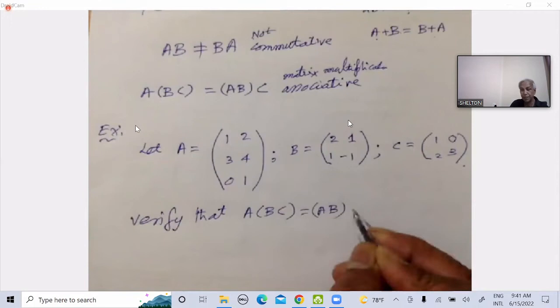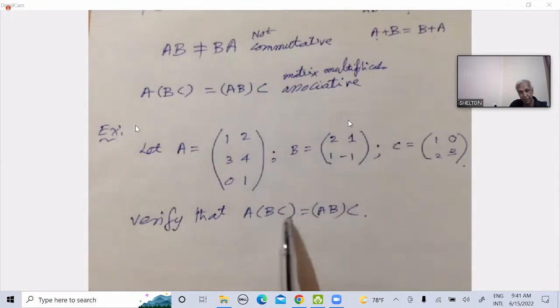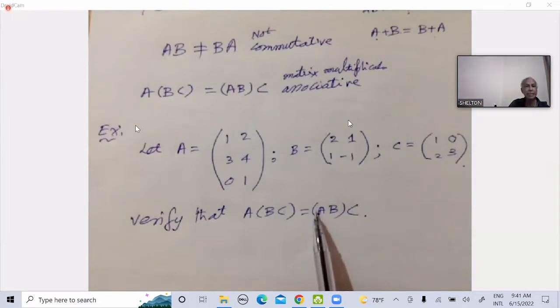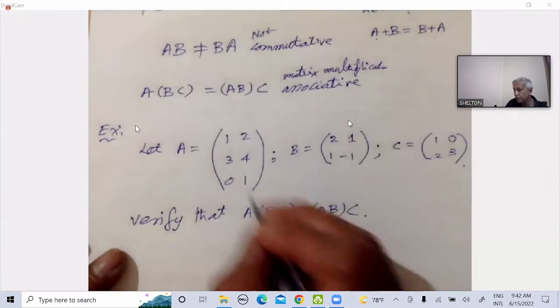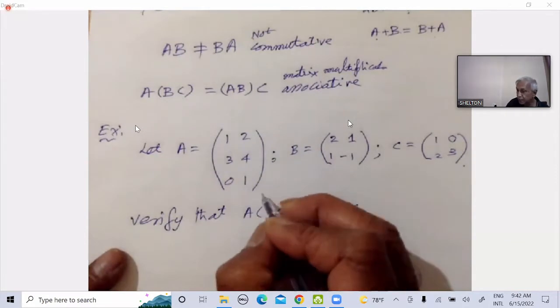Now to talk about this, the compatibility condition should be satisfied for B and C, then A and BC. For AB, the number of columns of A must be equal to the number of rows of B. And then for AB and C, the number of columns of AB must be equal to the number of rows of C. Compatibility conditions are satisfied. A is 3 by 2, B is 2 by 2, C is 2 by 2.